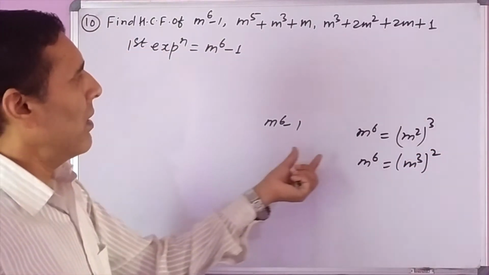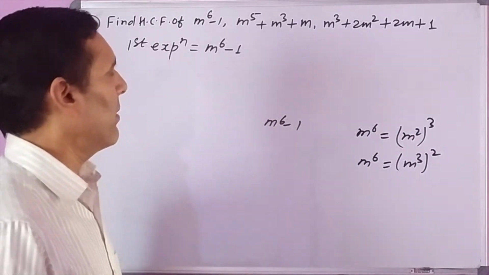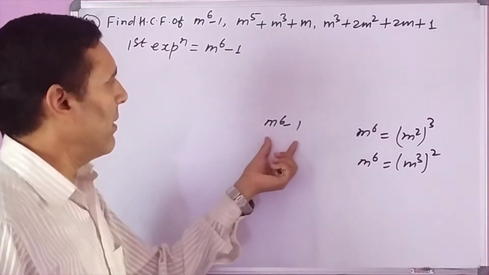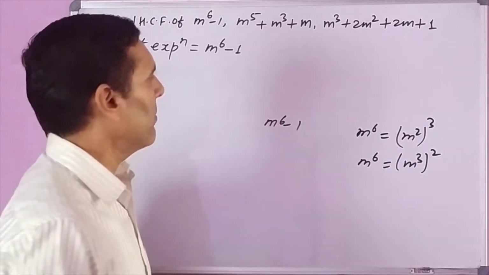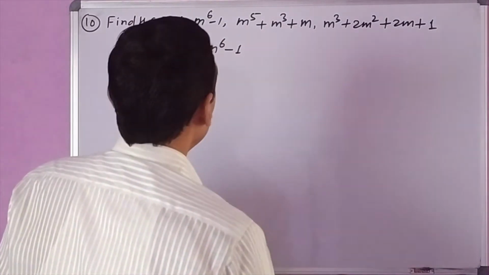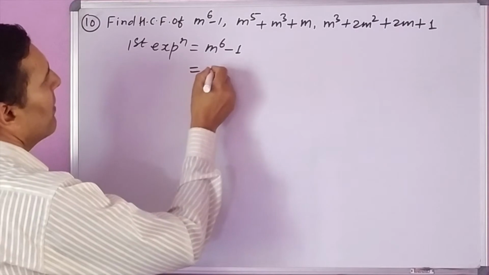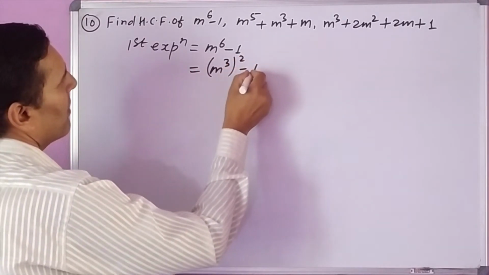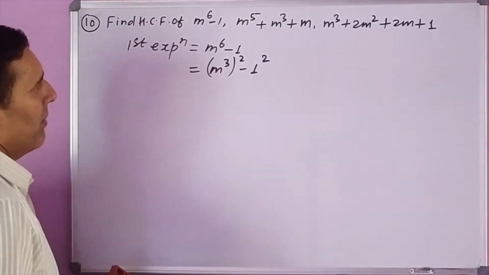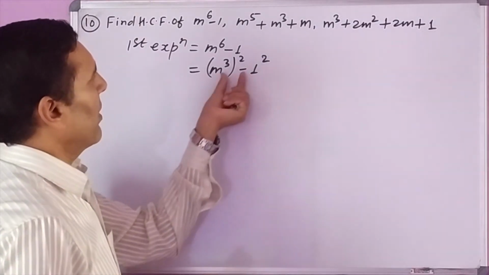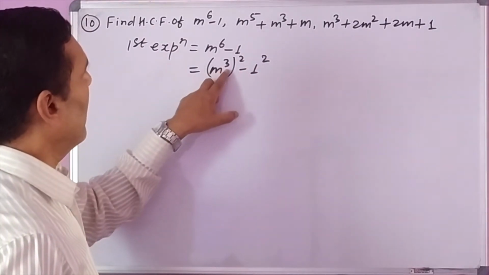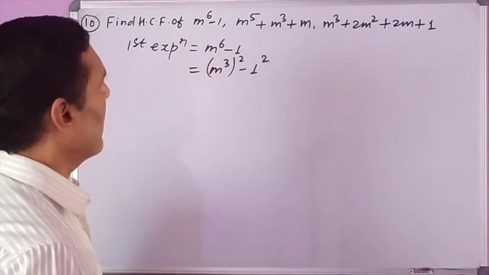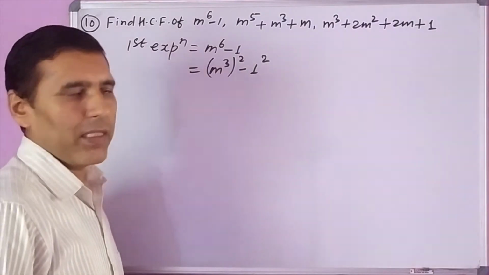We can use both powers here. Either we can make it a square minus b square, or we can make it a cube minus b cube. I am making it a square minus b square. So m cube whole square minus 1 square, because powers multiplied together, m cube to the power 2, that means m to the power 2 into 3, this is m to the power 6.